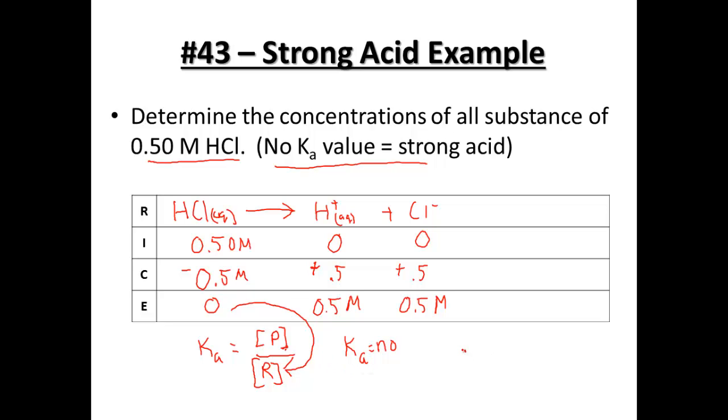We can still find pH if we want, because we know the H plus concentration. So for strong acids, remember our arrow, and from there, no Ka values.